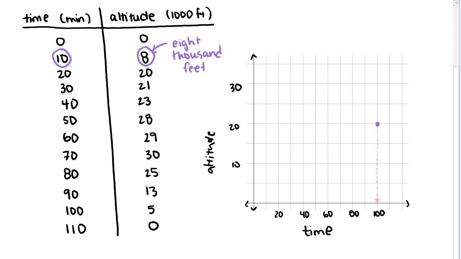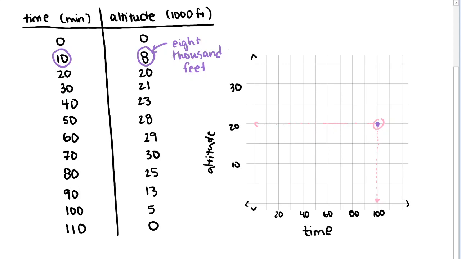And then on my altitude axis, my vertical axis, this point is located at the 20 mark. Together, that's saying the plane is 20,000 feet in the air after 100 minutes.